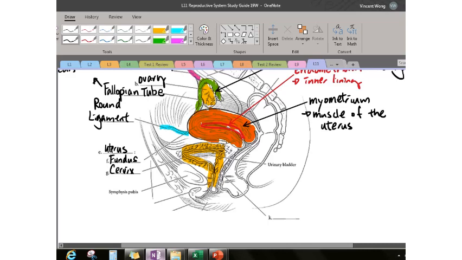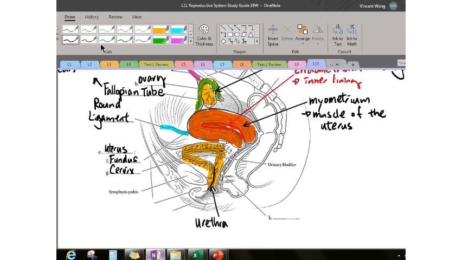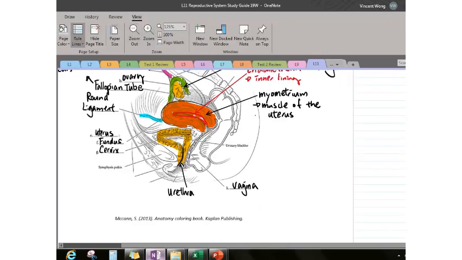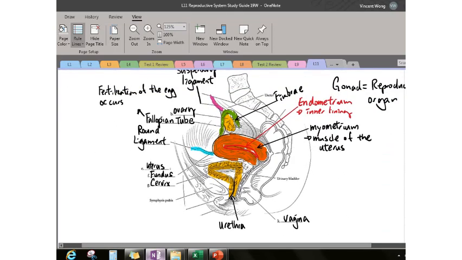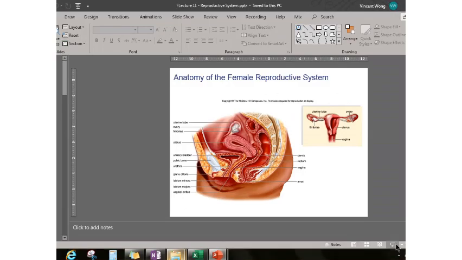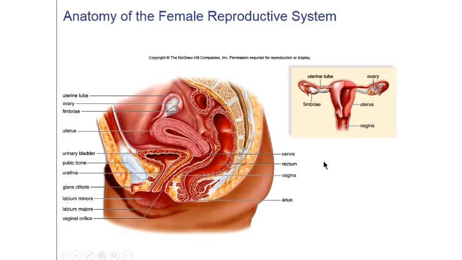And this line would be the urethra, for the urine to come out. And over here, this is the vagina. Okay, so that is the female reproductive system, all the labels that you have to know. So let's switch back to the PowerPoint slides.